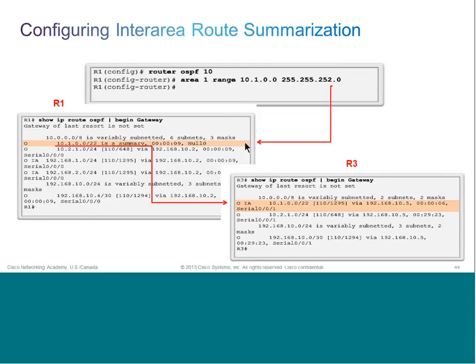For example, assume router 1 received a packet destined for 10.1.0.10. Although it would match the router 1 summary route, router 1 does not have a valid route in Area 1. So if we look for 10.1.0.10, we don't see it in here.